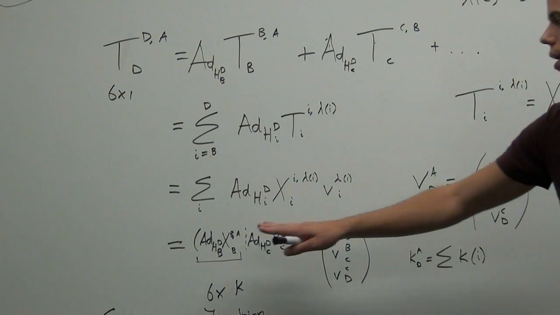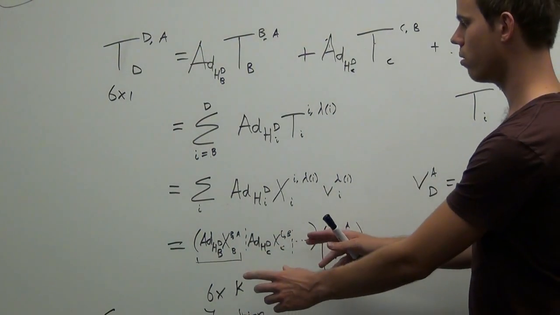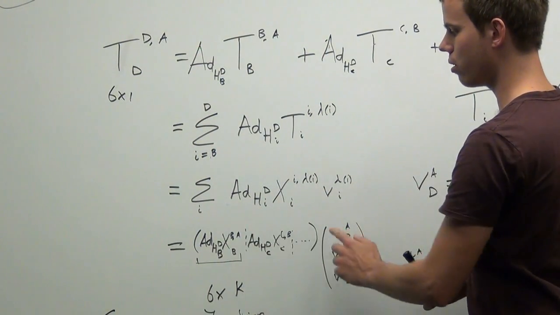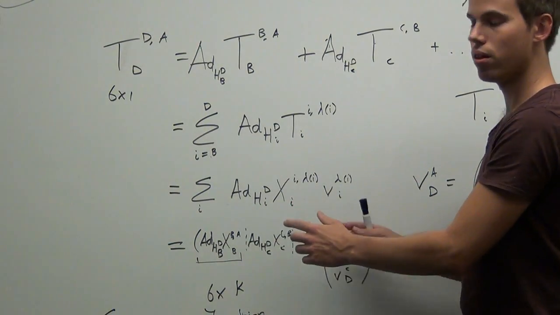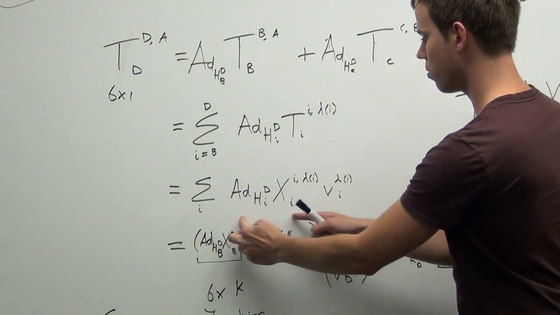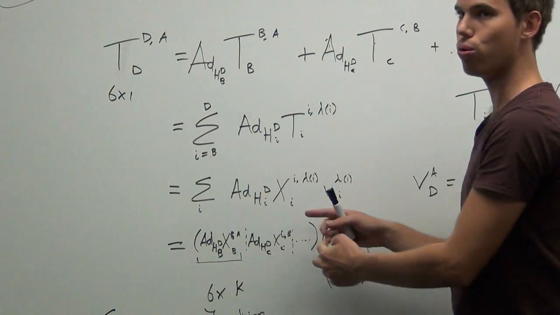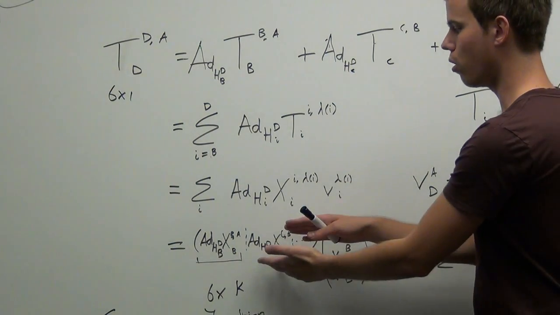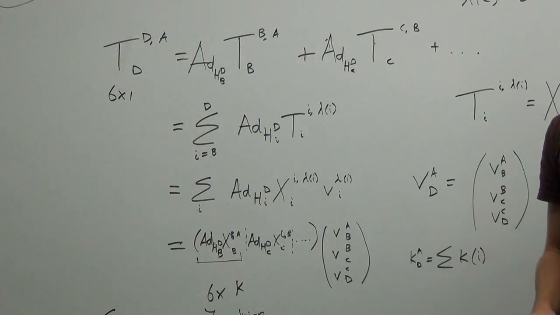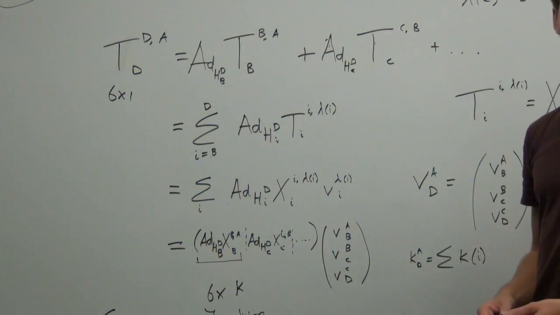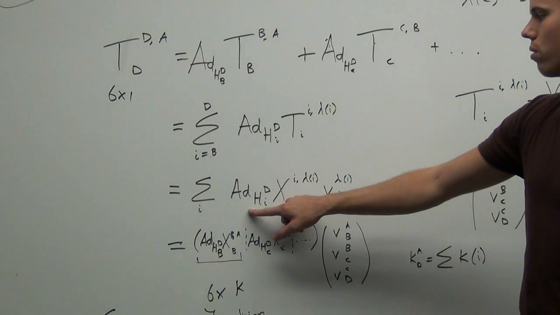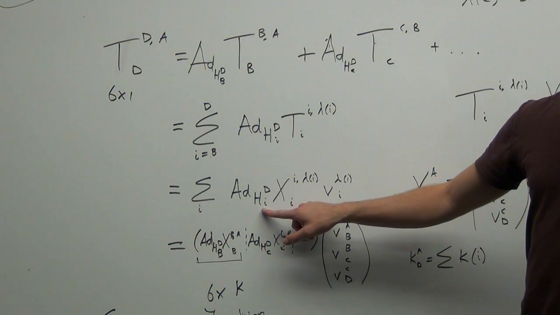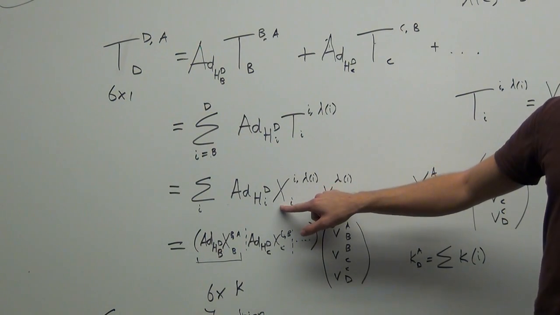And so this is an algorithm, really. Each term in this summation is another couple of rows, or a single row, in this Jacobian. In order to compute this whole Jacobian numerically, all we need is the adjoint of these transform matrices and the motion subspace for each of the joints.